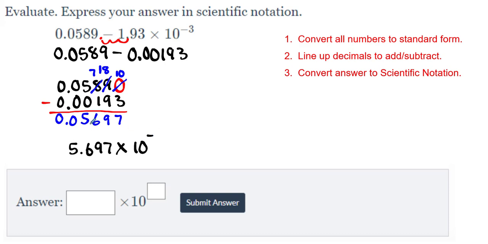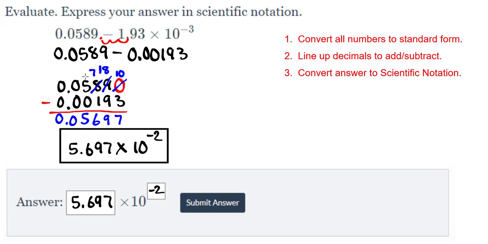But this is the way I think of it. I'm going to move it to the left 1, 2 spots. And when I move it to the left, that's going to give me my -2 exponent. So 5.697 times 10 to the power of -2. So pretty simple. We've got a little bit more going on. But again, remember, line up the decimals and then regroup when necessary.